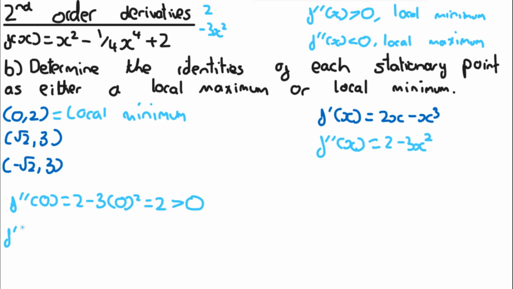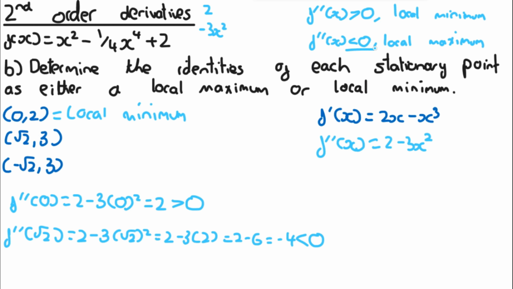F dash dash of root 2 is going to be equal to 2 minus 3 root 2 squared, which is equal to 2 minus 3 times 2, which is equal to 2 minus 6, which is equal to minus 4, and this is less than 0. So as it's less than 0, it's going to be a local maximum.